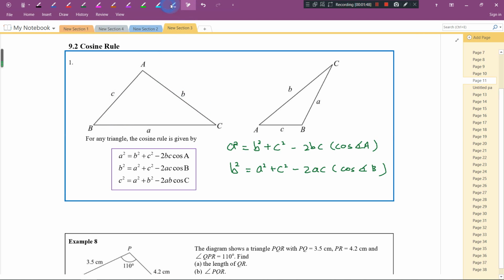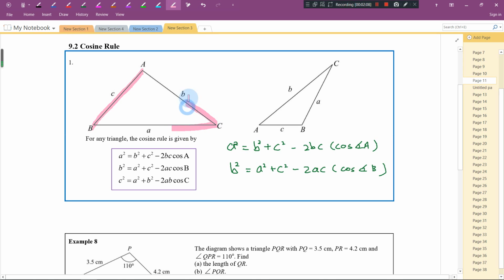Let's say now you want to find the side length of C. Be careful, this is not A, but this is A square, B square. So if you want to get the length for A, B, or C, you will need to square root them. Okay, let's try the last one. If I want to find C, go to the opposite vertex here.